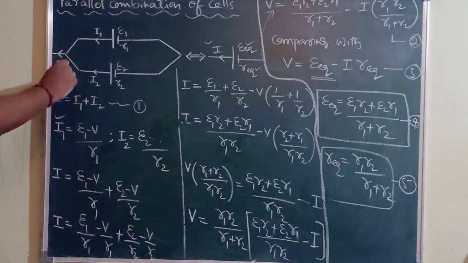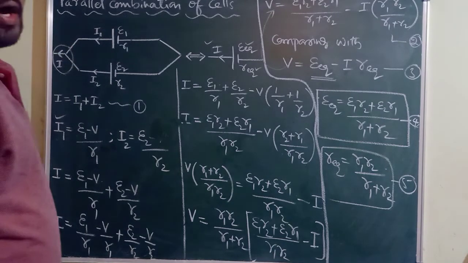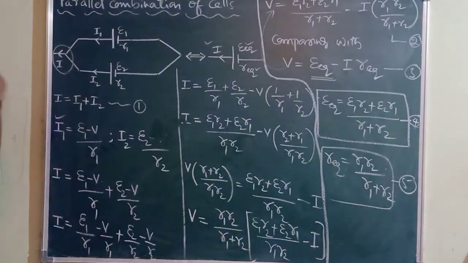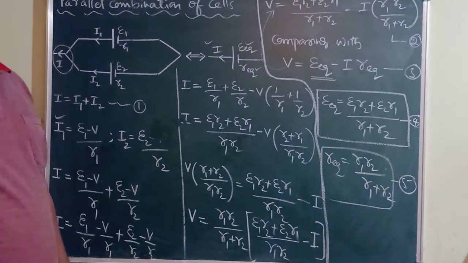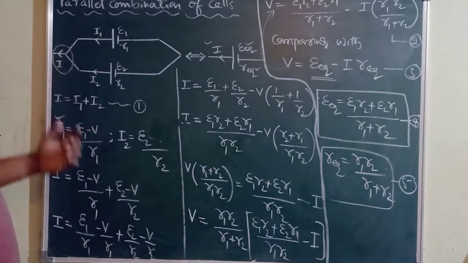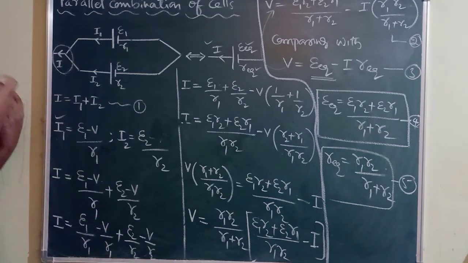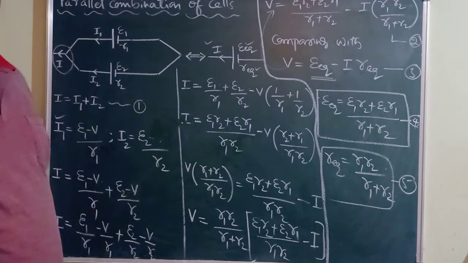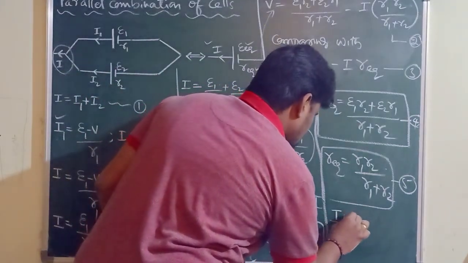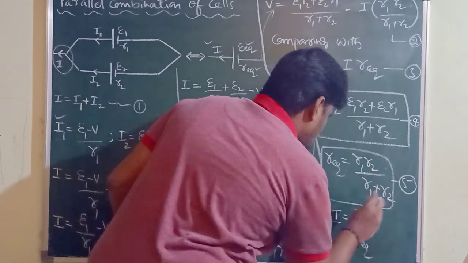Then what is the total current here? How are you going to calculate the total current drawn from the cells which are connected in parallel? Total current is the total EMF divided by the total internal resistance. Simply, I is equal to E equivalent divided by R equivalent.